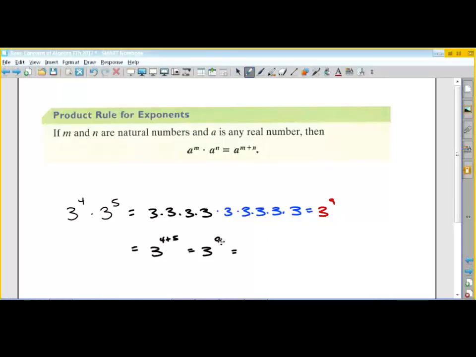So if I did this, what this represents is 3 to the 9th, and if I go to my calculator and take 3 to the 9th, I'll get 19,683. So that's just a compact way of representing that number. And why don't I just use the number?